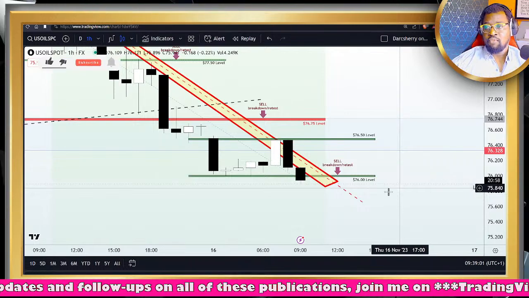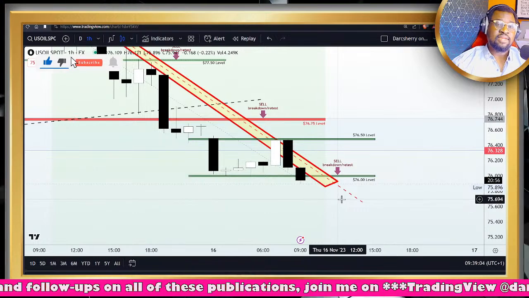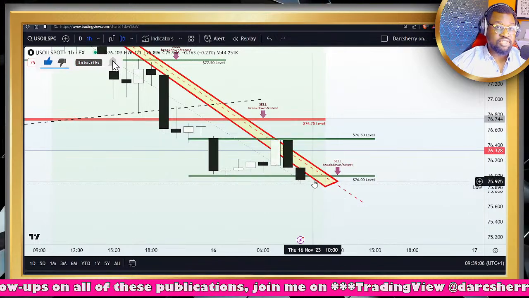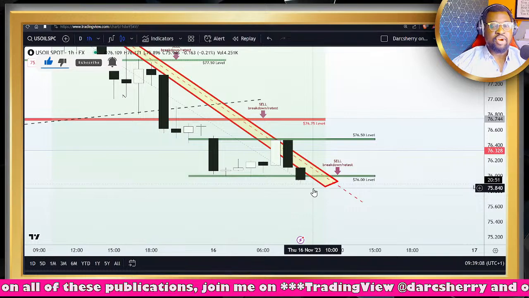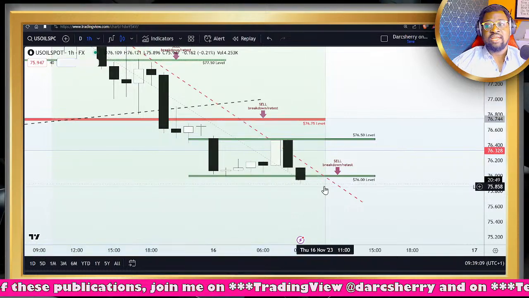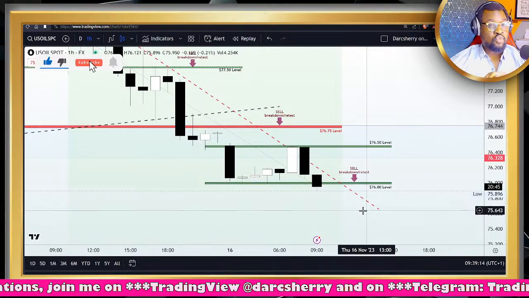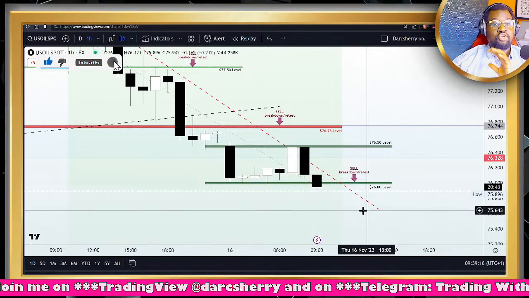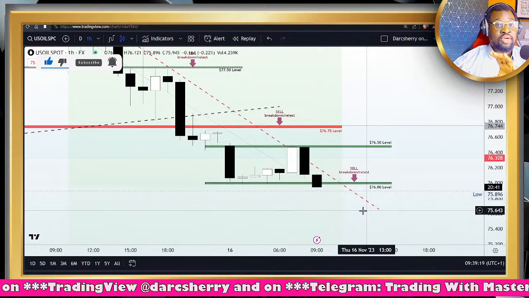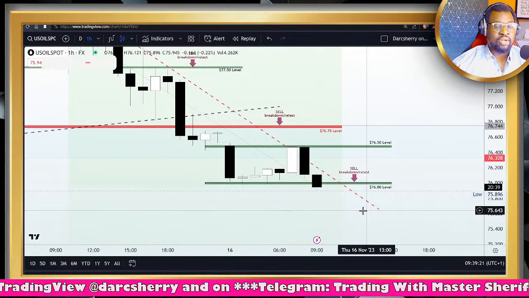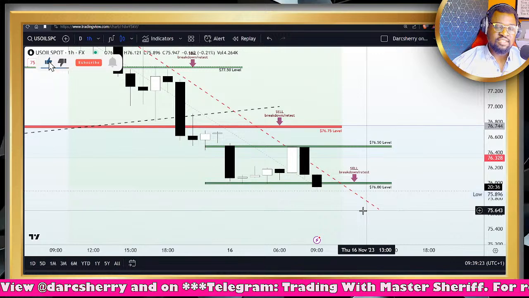And of course, with sell stop and buy stop order plays at both ends, we have our sell stop order already triggered at the breakdown of the $76 area. So let's see how this is going to play out today. Now, remember that for those of you who are joining us for the first time, you do not have any profit in your kitty at this point to leverage on to test waters below the $76 area.